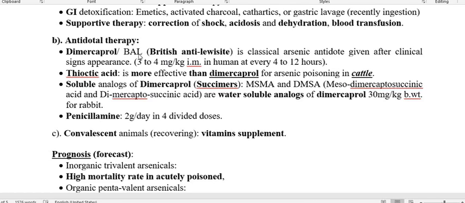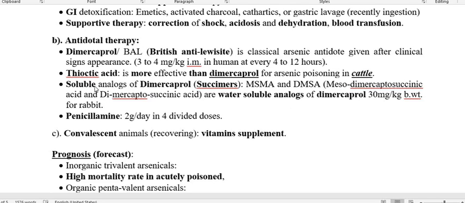So arsenic is going to combine with the sulfhydryl group present in the dimercaprol or penicillamine, and therefore it is going to be removed from the poisoned animal. So dimercaprol or British anti-lewisite or BAL is an antidote, and the human dose is 3 to 4 mg IM in human.